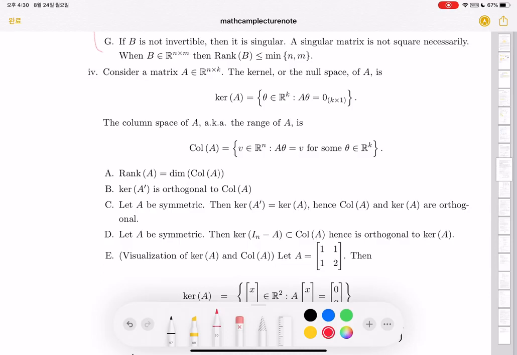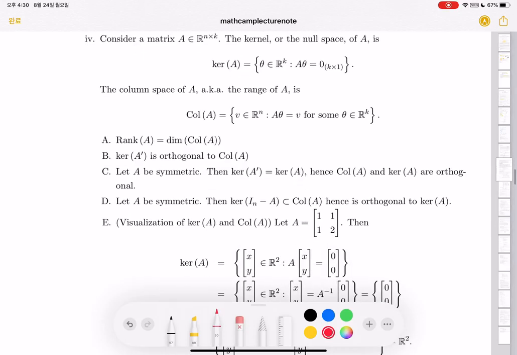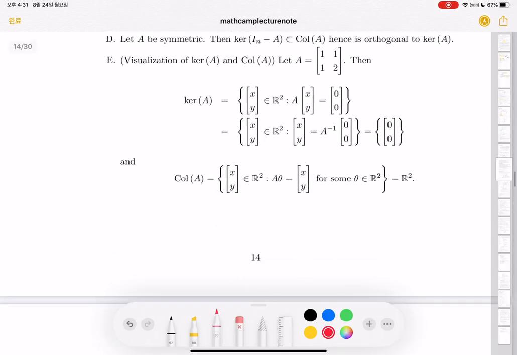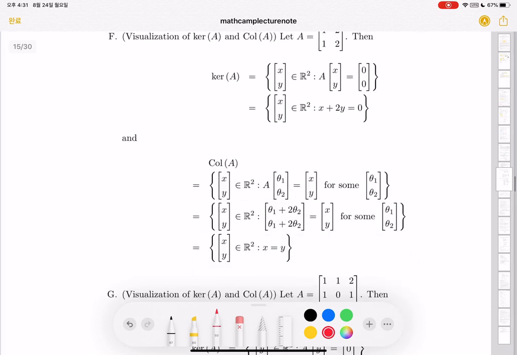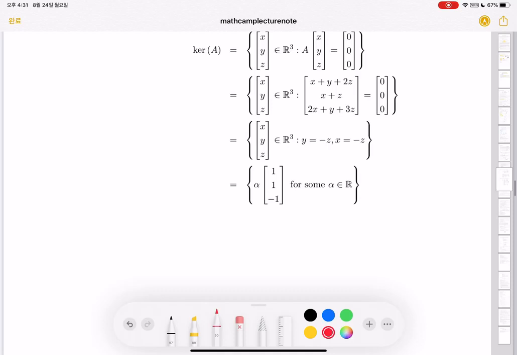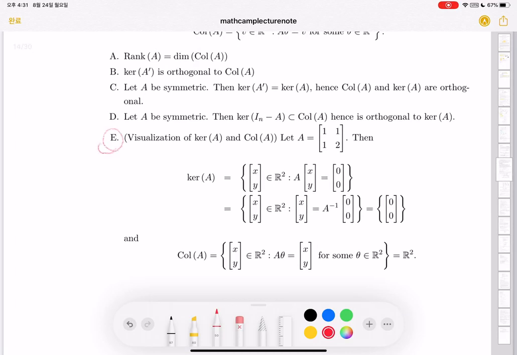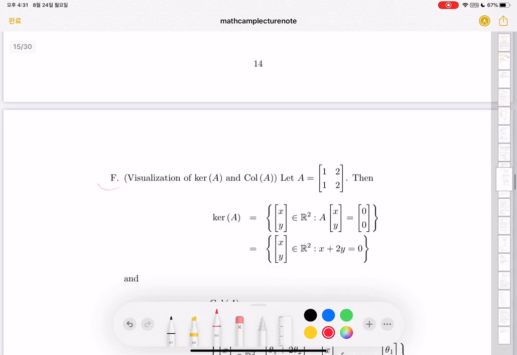So, row space and column space. Okay, do the exercise problems here from E. Read the things carefully and do this.